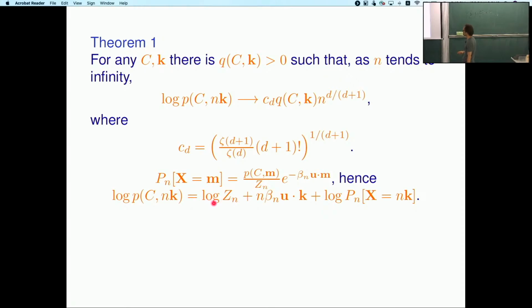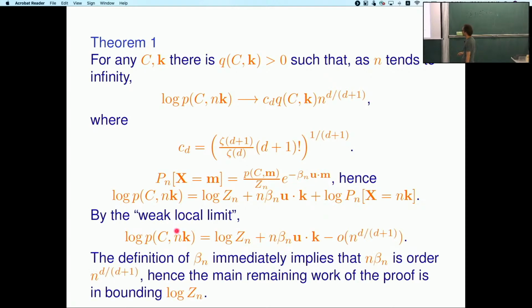First, the log of the partition function, plus n times beta times u dot k, plus the log of the probability of getting that endpoint. Okay, so I switched from m to n times k, but this would be true if every place it says n times k, you write m. This formula is true for an arbitrary point m.